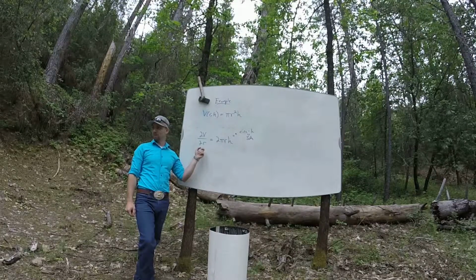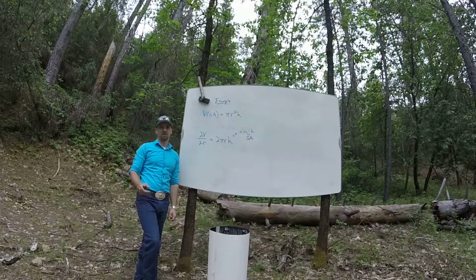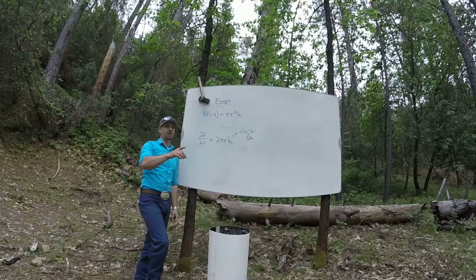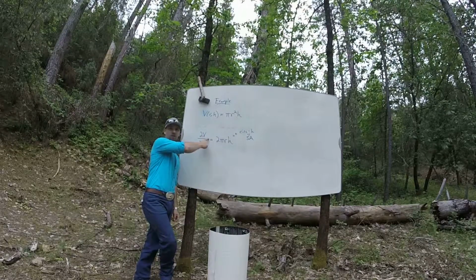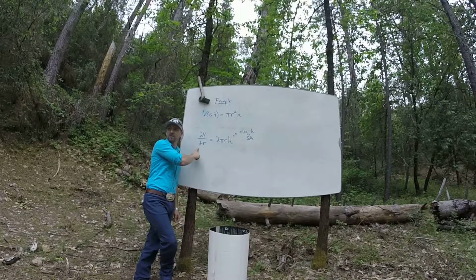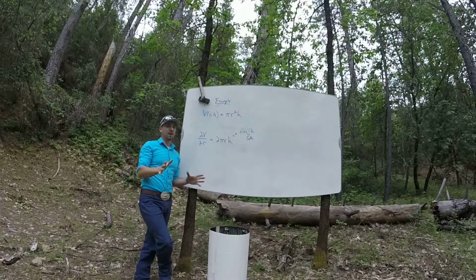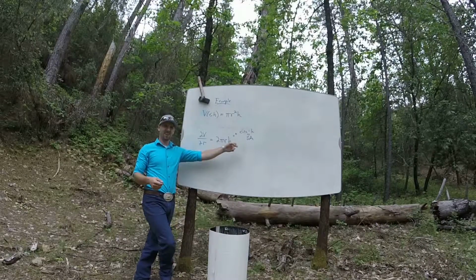But in language, what does this mean? Close. It's the rate of change of volume with respect to radius, right? In other words, if I fiddle the radius around a little bit, how fast is the volume changing? And I got the surface area.